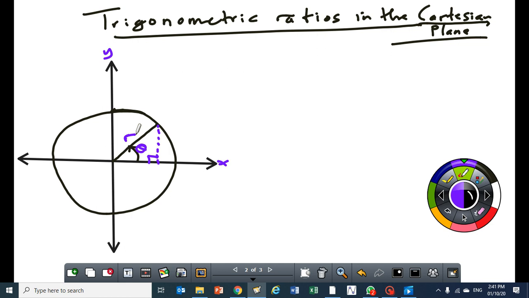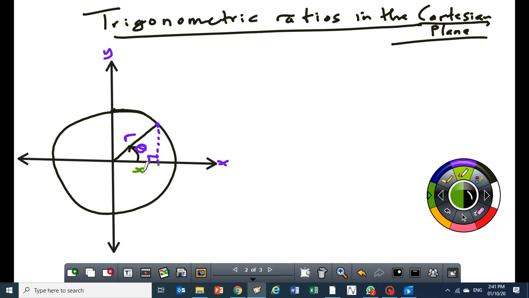Okay, then this point here, we have an x value. The length from the origin to here is x. Okay, this length here from here to there is x, because it's along the x-axis.